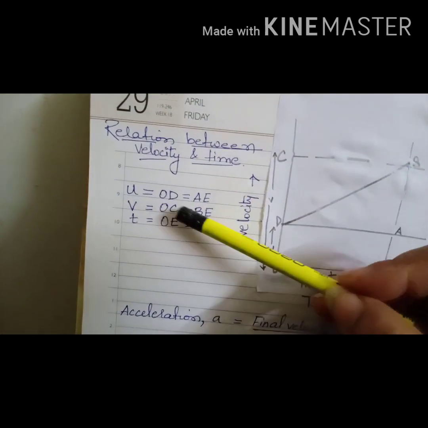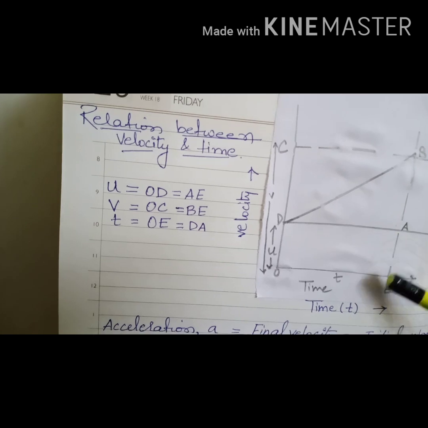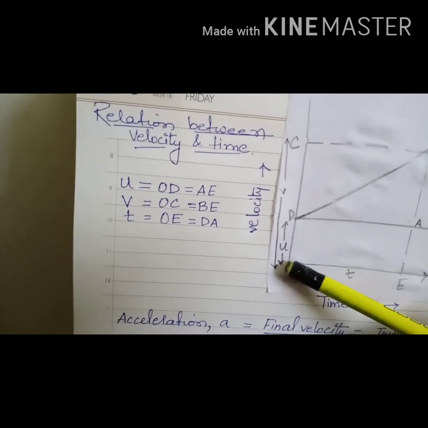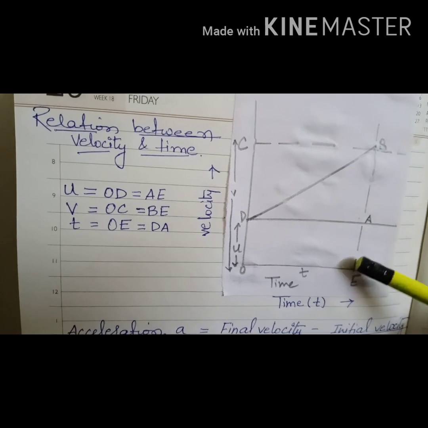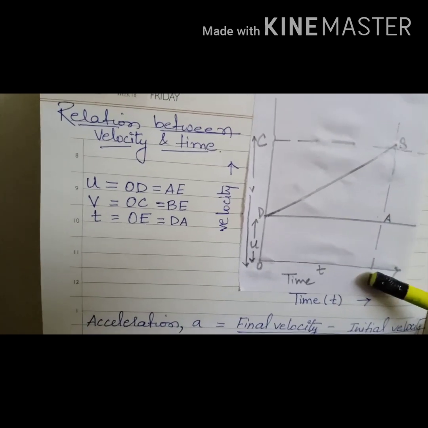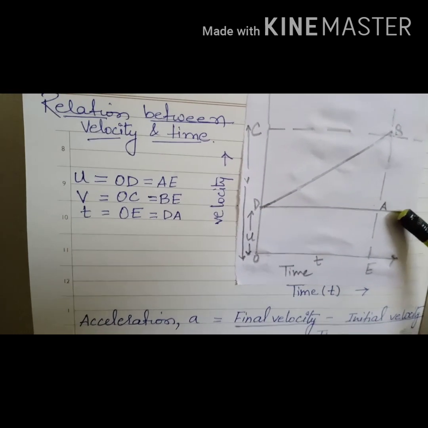Everything I have written here. U is equal to OD, which is also equal to AE. V is equal to OC, also equal to BE, and time OE is also equal to DA.